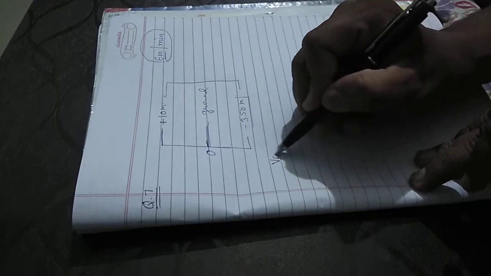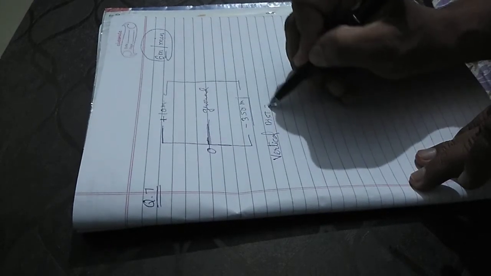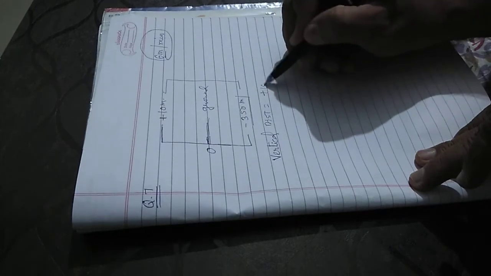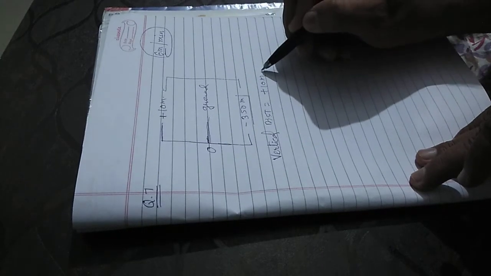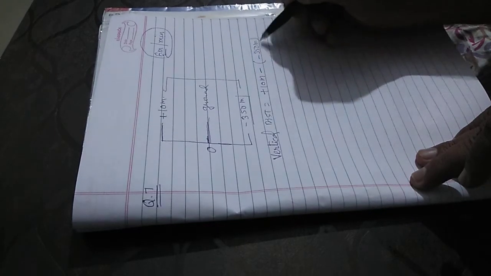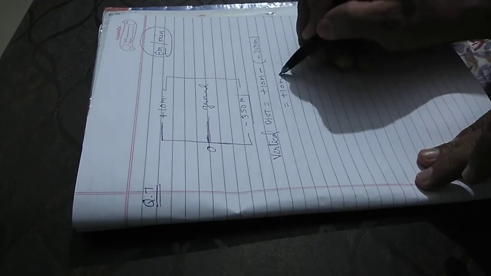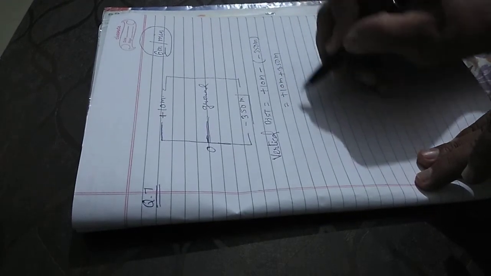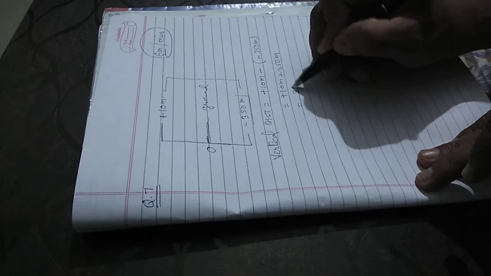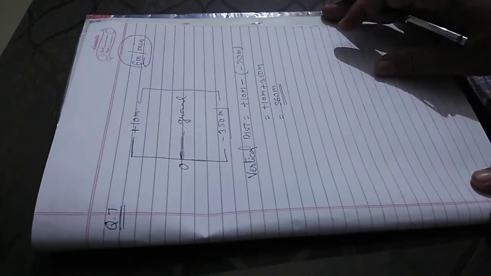This is plus 10 meters. To find the vertical distance we always do minus. So plus 10 meters minus minus 350 meters. So the vertical distance is 360 meters.